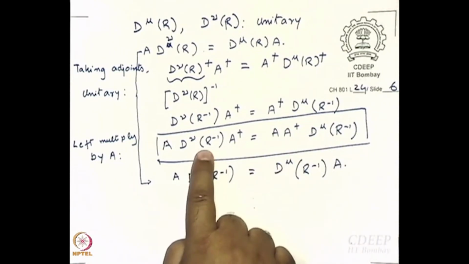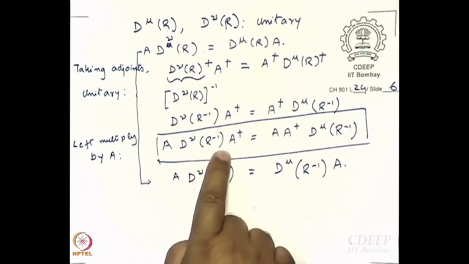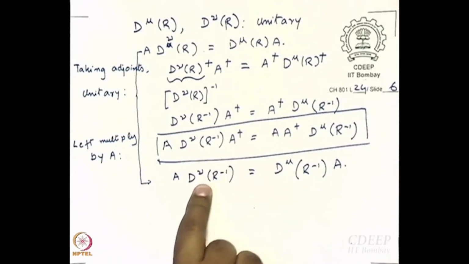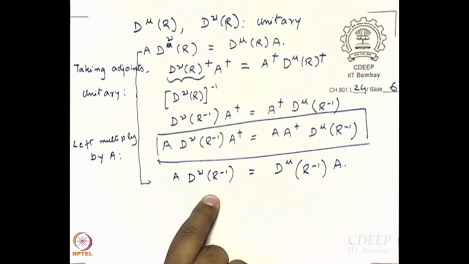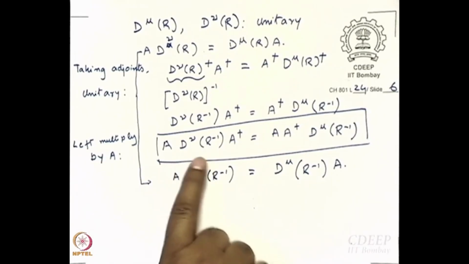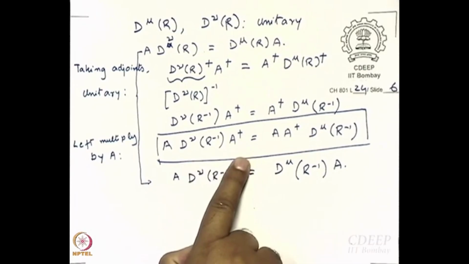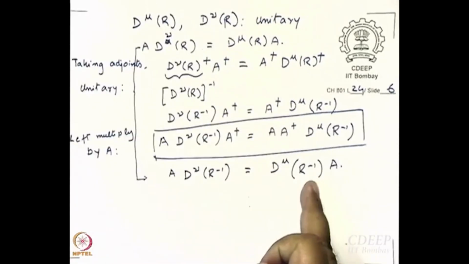If I want to eliminate this, I want the same term in the second equation also. What do I have to do? See, A d nu R inverse is already there. And this is just A d nu R inverse right multiplied by A dagger. So if I right multiply this entire expression by A dagger, then the two LHSs become the same. Right?